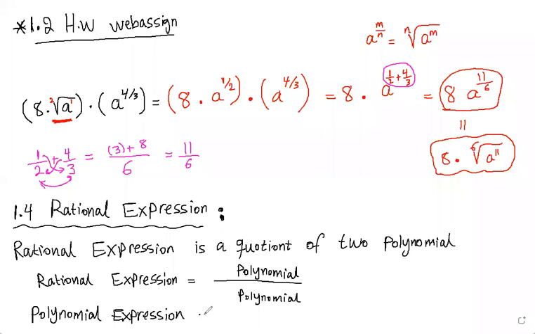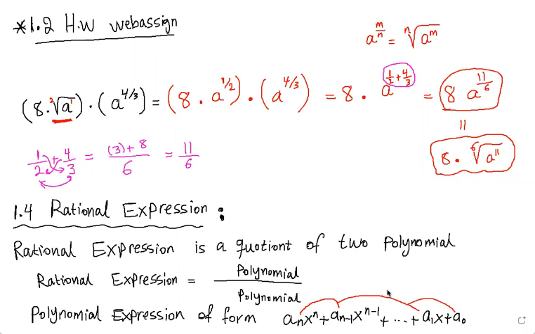An expression of the form a_n x to the n plus a_(n-1) x to the n minus 1 plus dot dot dot plus a_1 x plus a_0, such that a_n through a_0 are all real numbers.